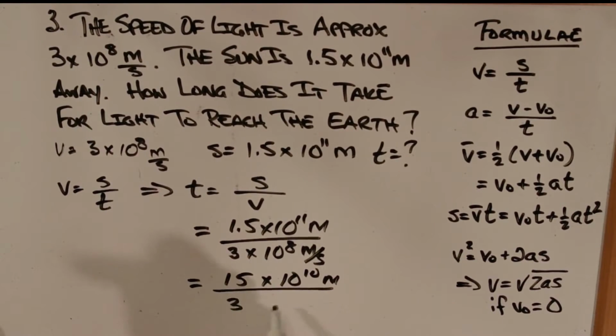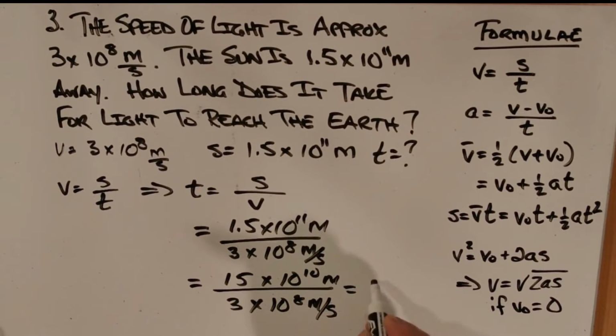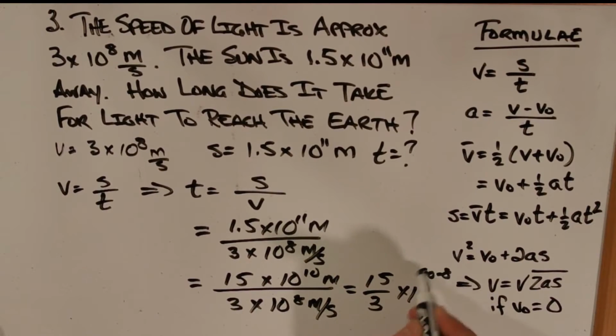And then repeat 3 times 10 to the 8th meters per second. 15 divided by 3 times 10 to the 10 minus 8, using our powers of 10. Our answer, 5 times 10 squared seconds, 500 seconds, 8 minutes and 20 seconds.